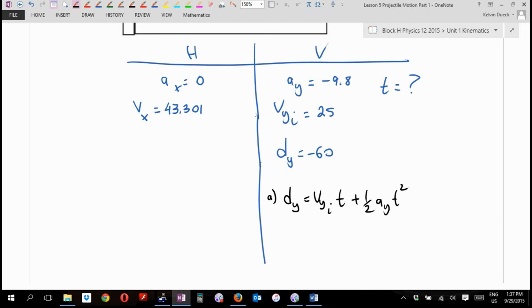No. What that means is this is going to be a full-bore quadratic equation. Negative 60 equals 25t minus 4.9 t squared. Can you all see where the 4.9 came from? What's a? Negative 9.8. What's half of that? Okay.